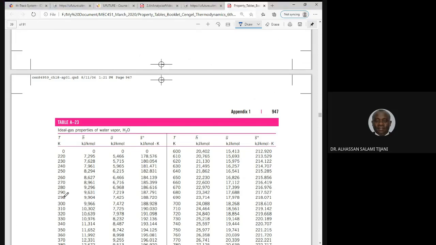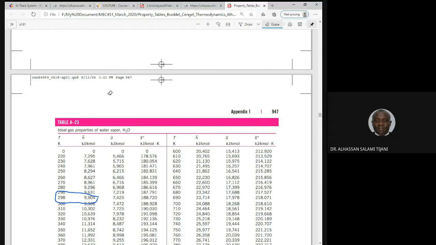We are told the combustion takes place at 298 Kelvin, so please pay attention over here. The enthalpy of water at the given state, at temperature equal to 298 Kelvin.